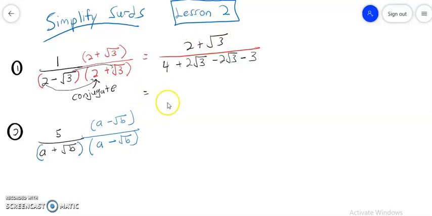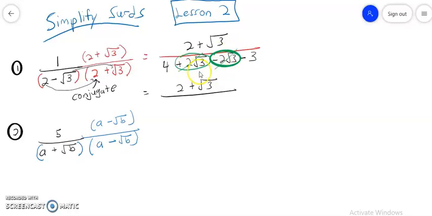Now you can see the answer here. Look at this part; let me use a different color, a green color. This is a positive and this is a negative, so it will cancel by itself.